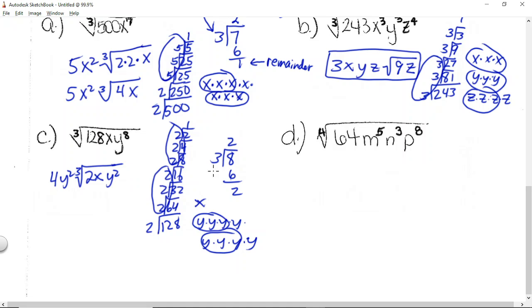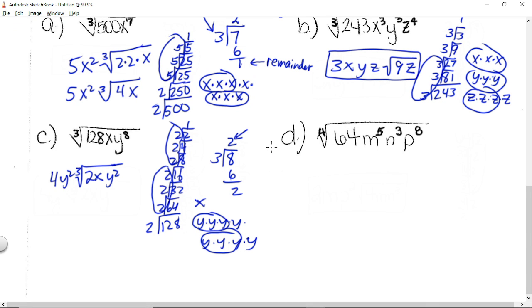So sure enough, let me write up here. How did I label that before?